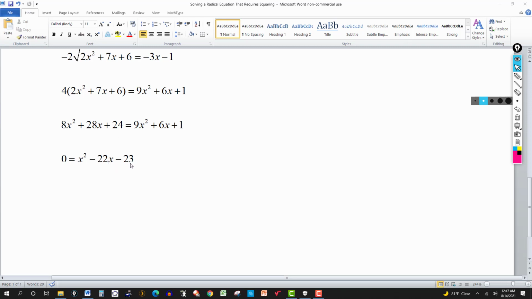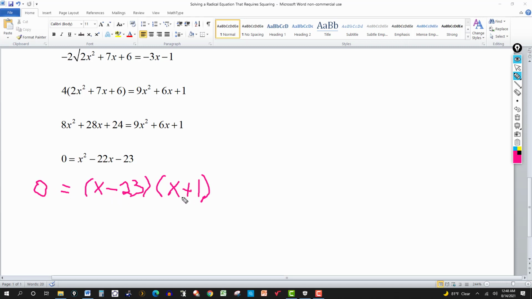And then this is the same thing I got in part 1. Okay? So this again, you just go ahead and repeat the stuff I did in the first case, or the first method. This factors into x minus 23 times x plus 1, and this still equals 0.